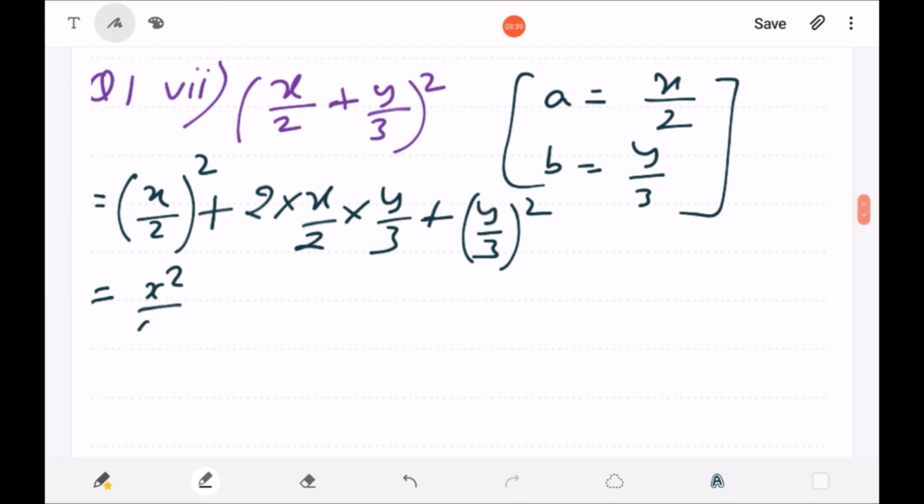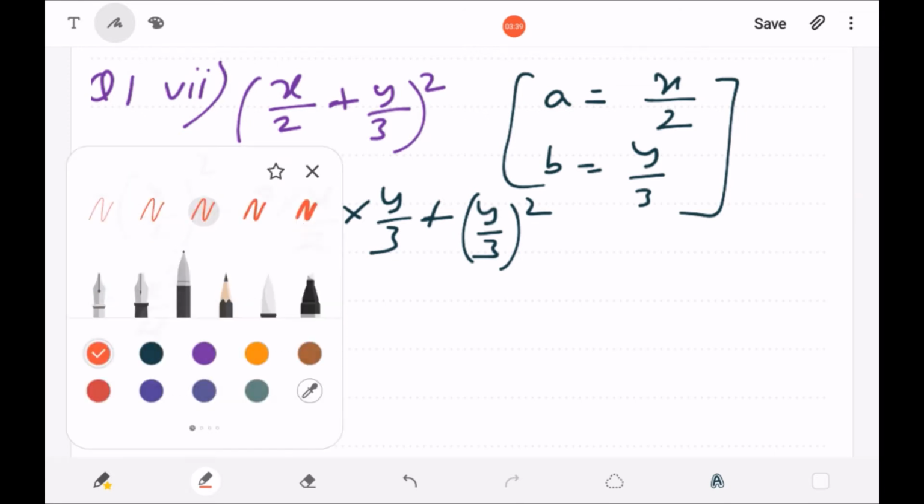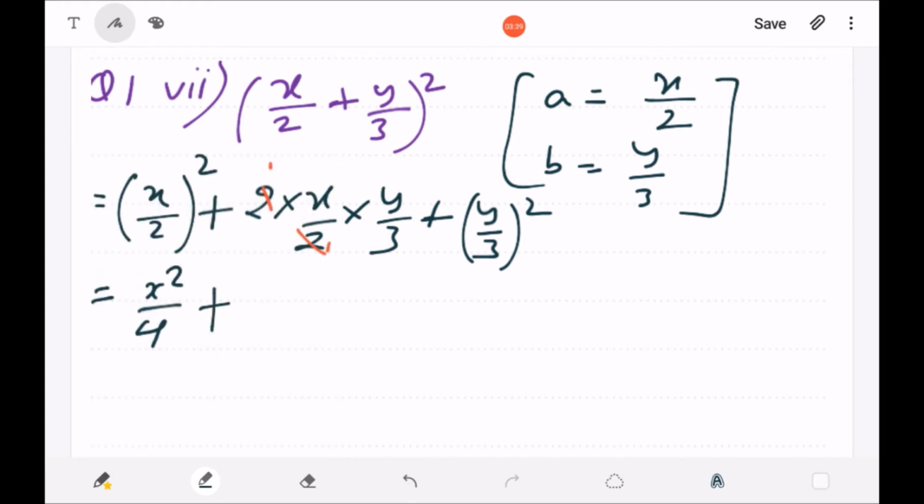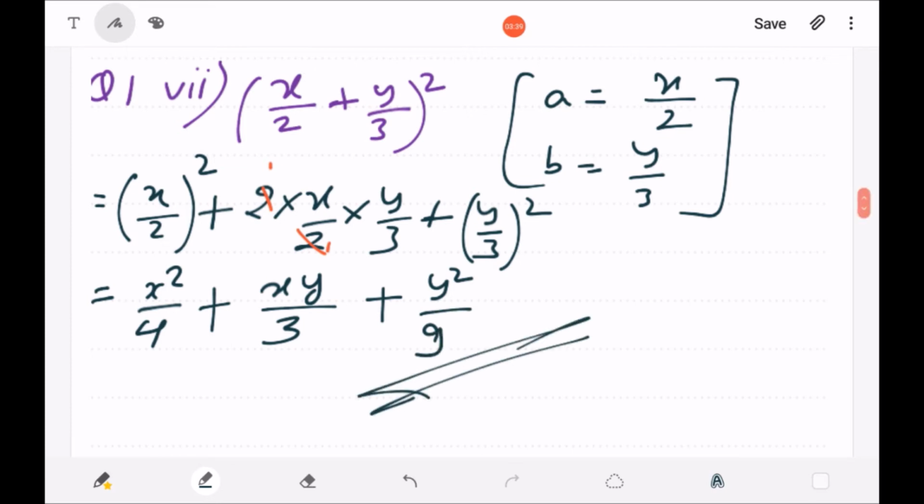So now let's square the first term. Here numerator and denominators both are going to square, so you'll get x square by 4. At the second place, 2 from the numerator and denominator will cancel out each other, so we'll be left with xy by 3 plus the last term, again numerator and denominator square both of them, so we'll get y square by 9.